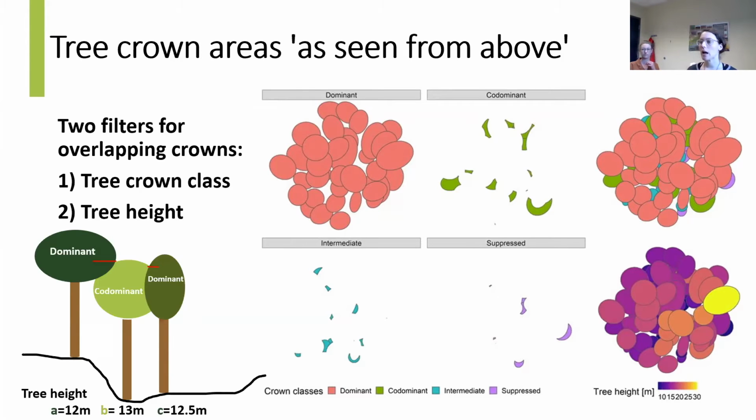Therefore, we applied the tree height. What you also see here is on the right side, bottom right. We did this two-step approach because a lower tree could also overlap a higher tree, defined as a dominant one if there is a high slope, for example, as Anna already mentioned.